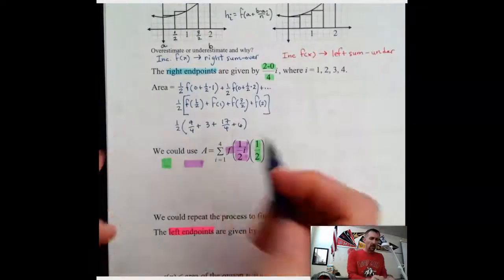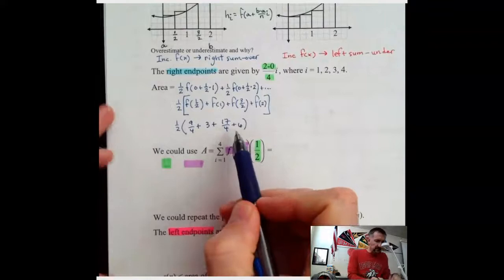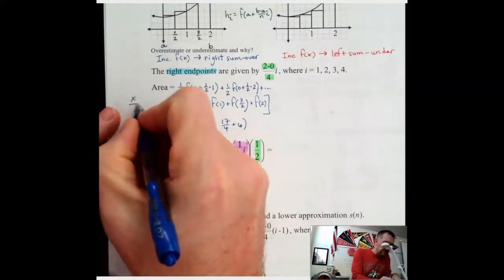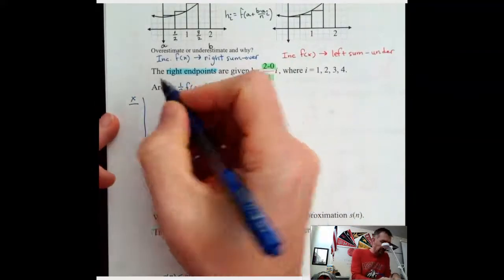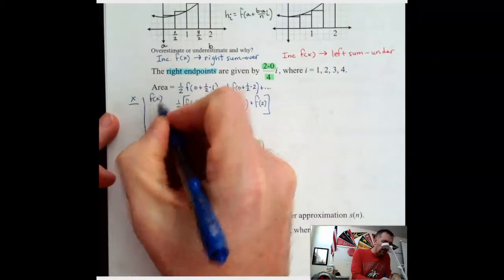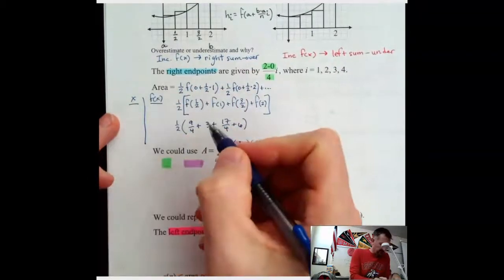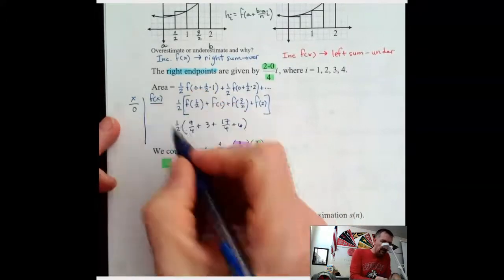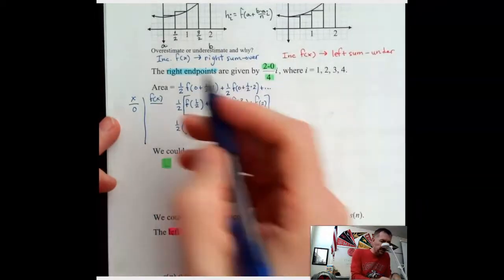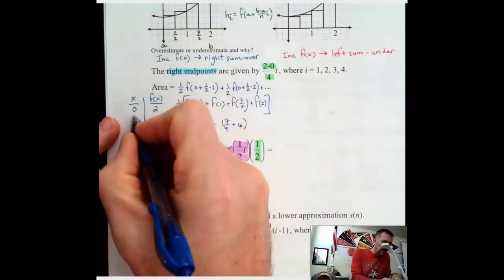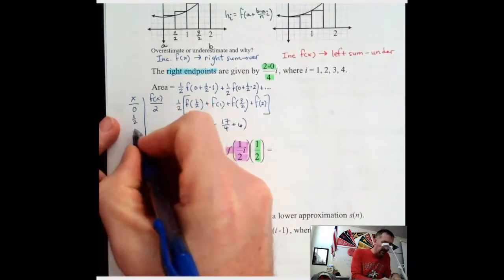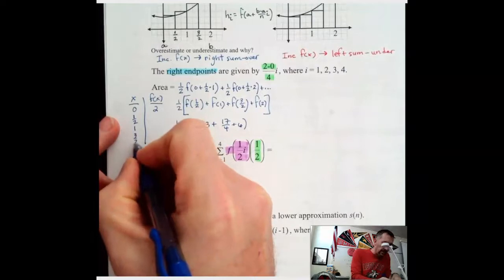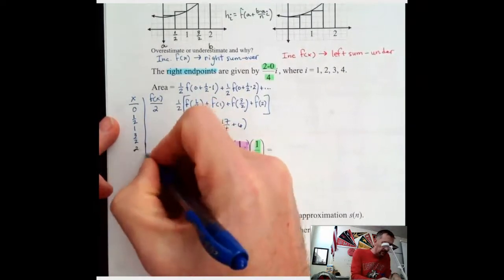Okay. Just to go over where these values came from, I'm going to make a little t-chart to make it a little more clear. We didn't plug in 0, we started with 1/2, but I'm going to start with 0 anyway. If I plug 0 in there, I would get 2. And then 1/2, 1, 3/2, and 2.